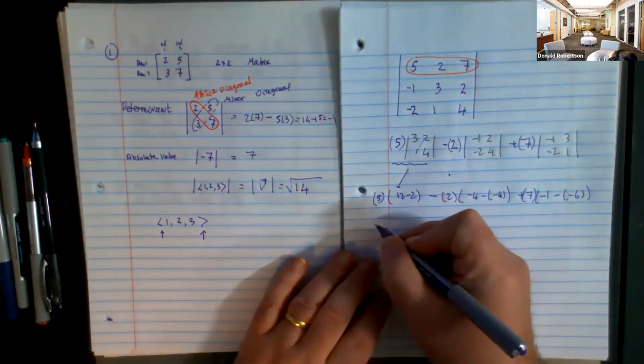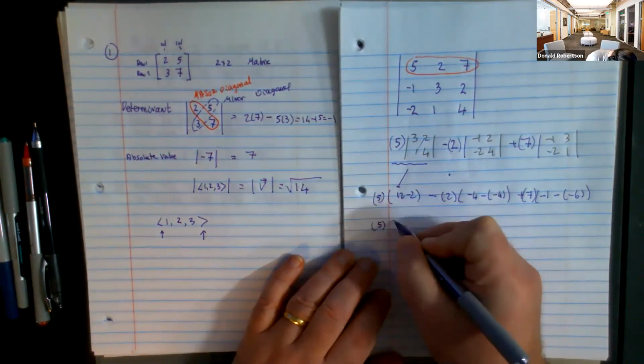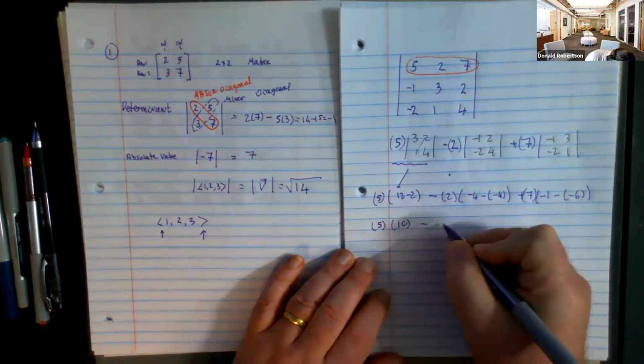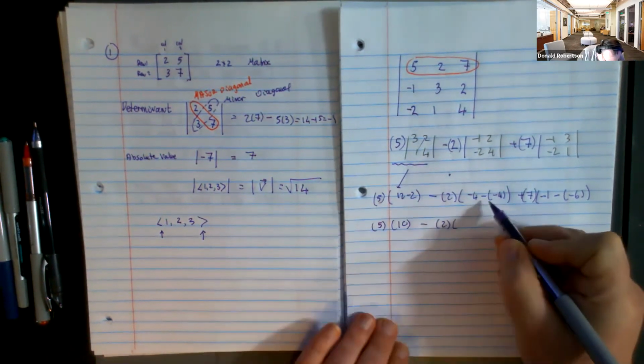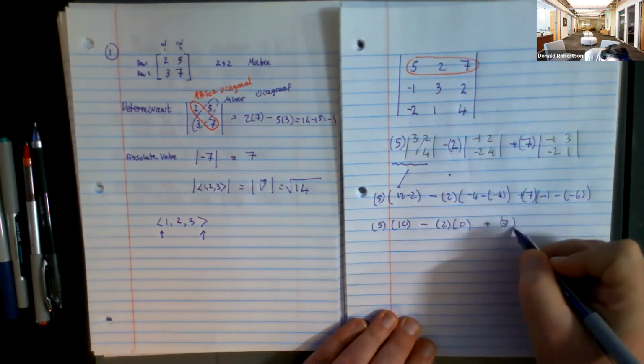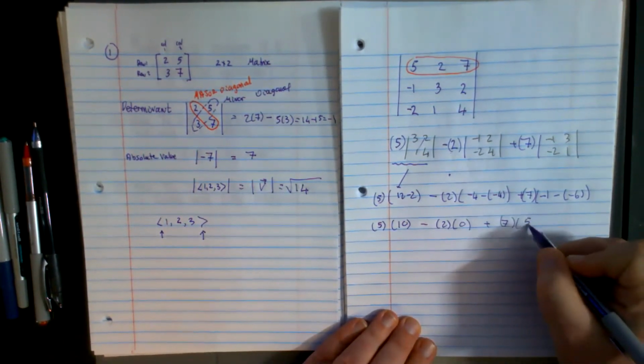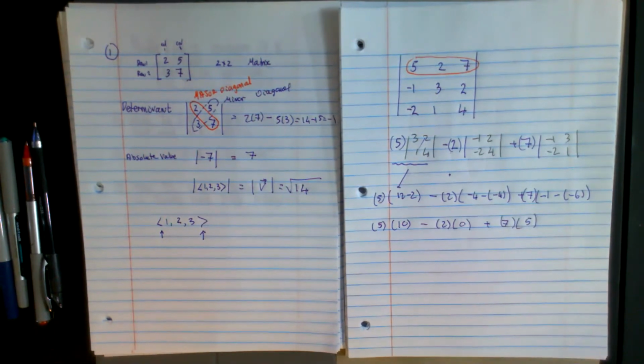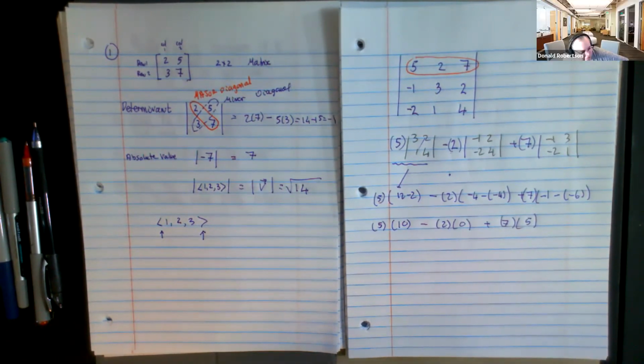So what do we get? We get 5 times 10, take away 2 times 0, plus 7 times 5. So how come we're taking away the 2 and adding the 7? It's part of the pattern. You do it because you're told to do it.